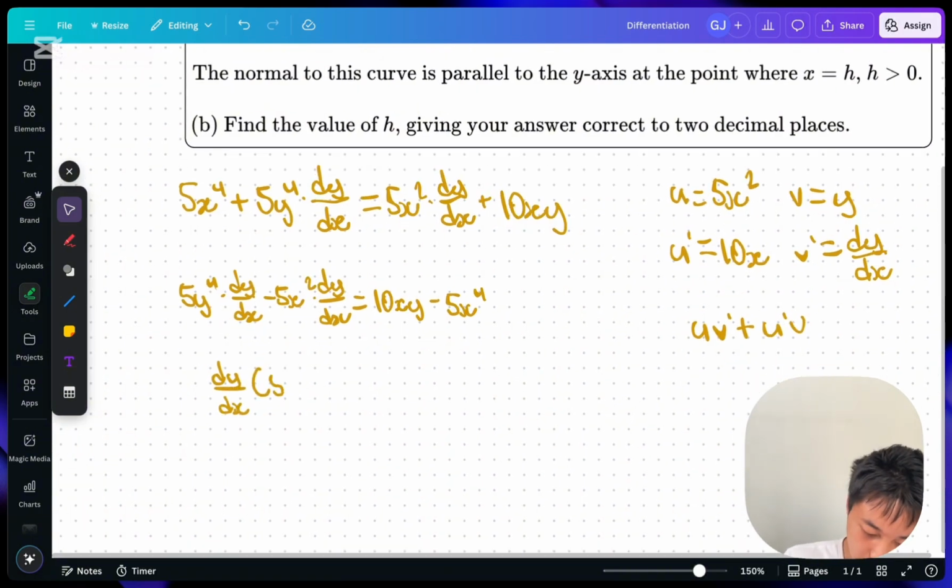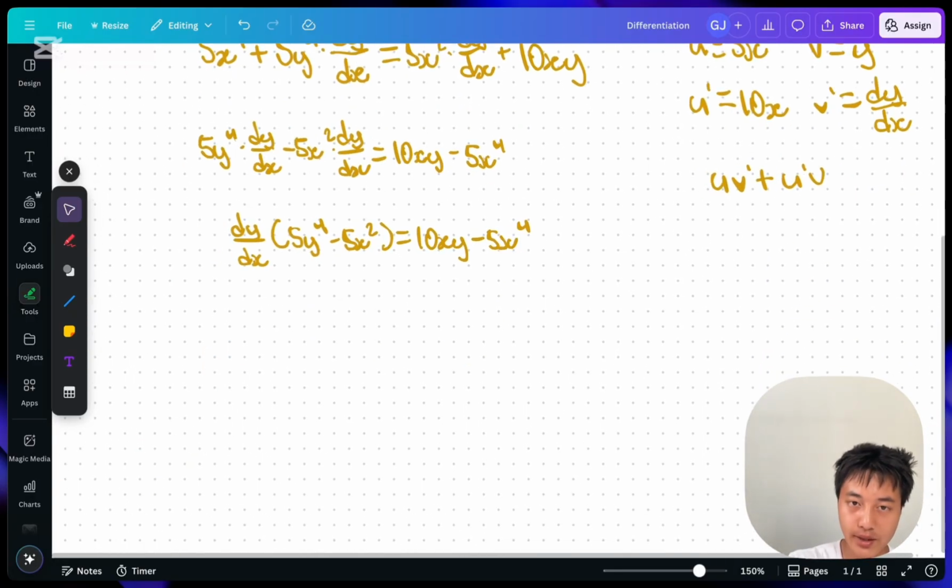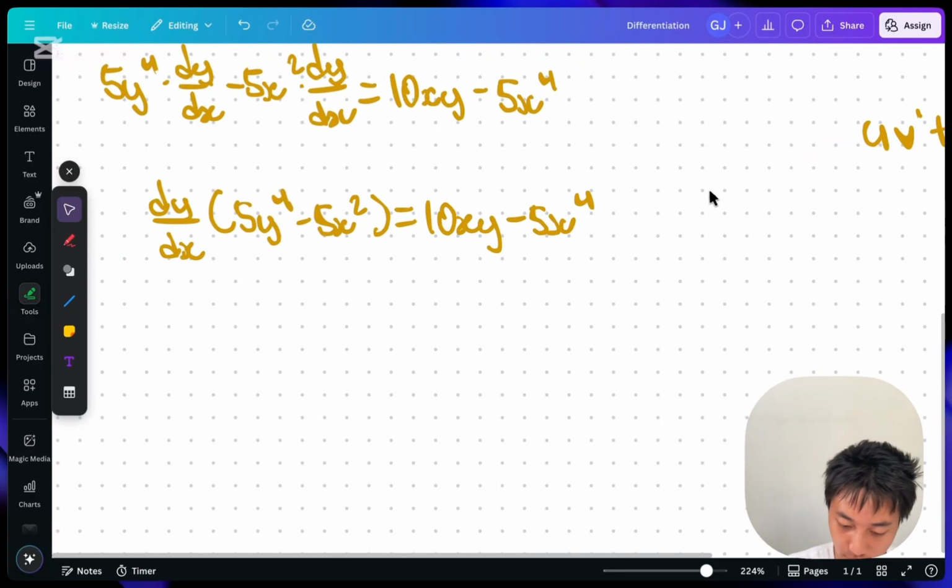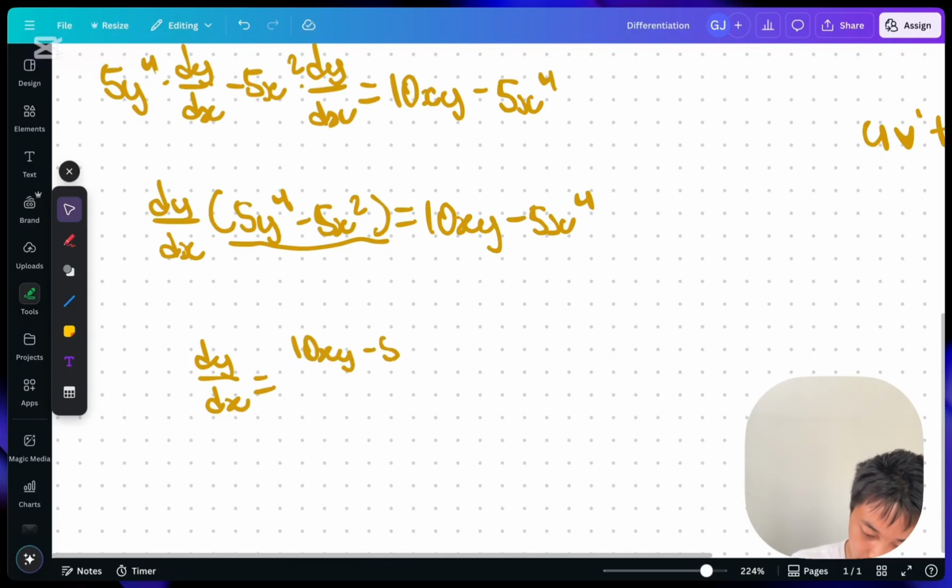That's going to be dy over dx times (5y to the fourth minus 5x squared) equals 10xy minus 5x to the fourth. And now let's divide each side by this here. So dy over dx is 10xy minus 5x to the fourth over 5y to the fourth minus 5x squared.